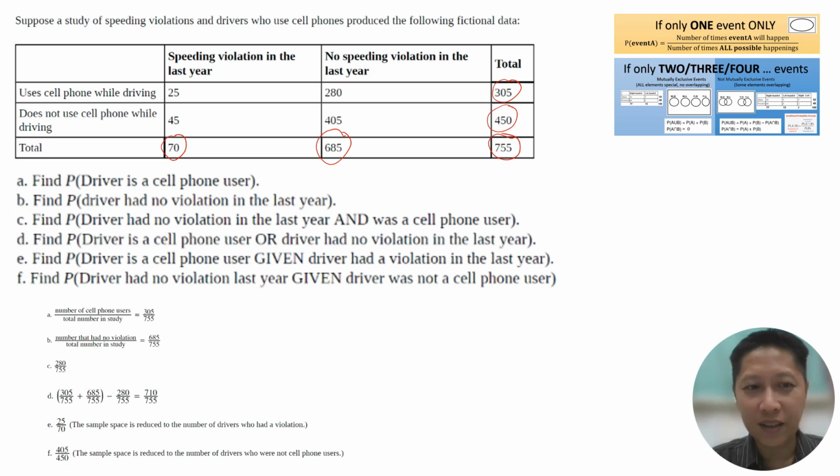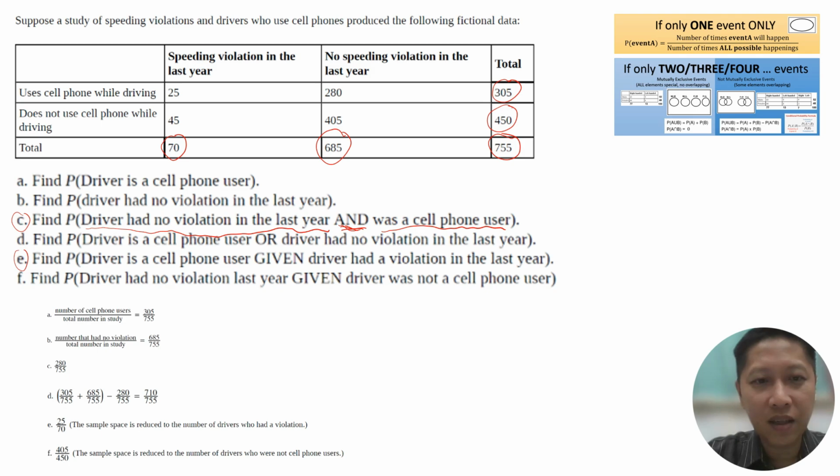We look at questions C and E. For C, we want to find the probability the driver had no violation in the last year, and intersection, overlapping, was a cell phone user.